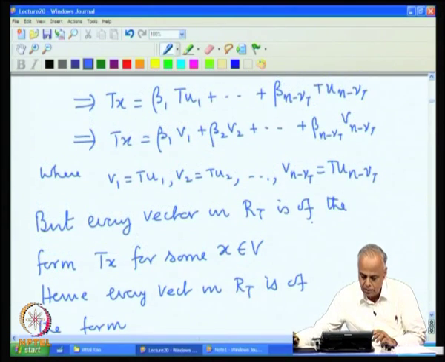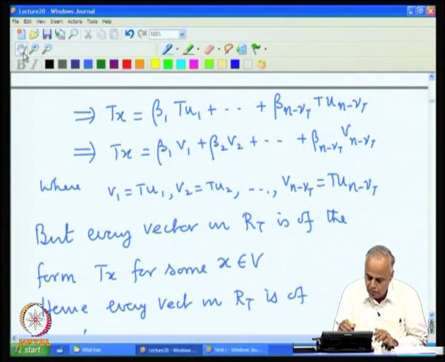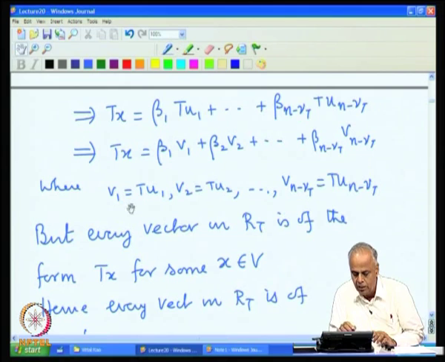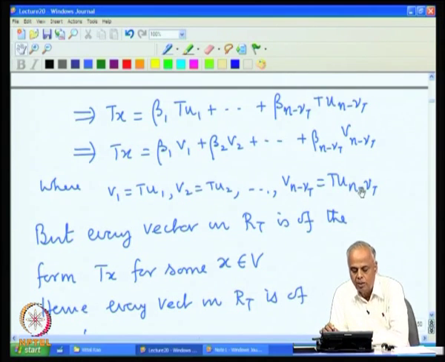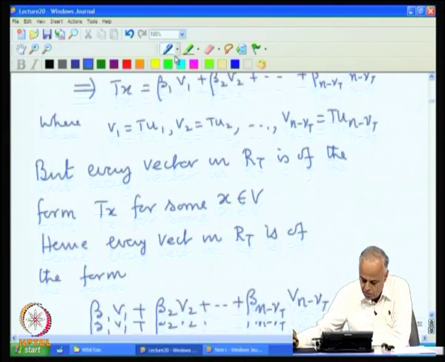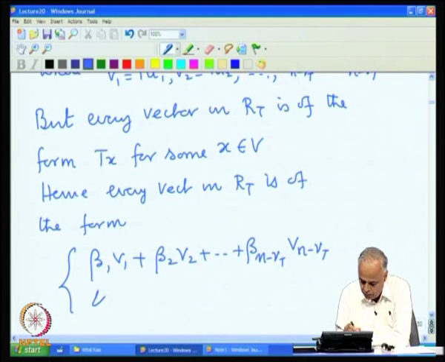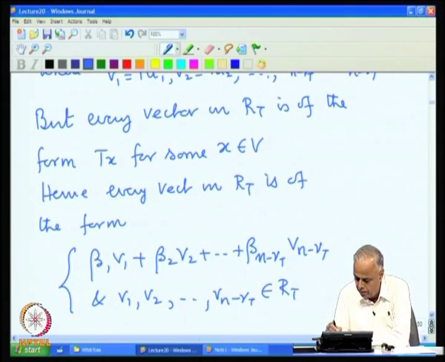And these vectors v 1, v 2 are all T of something, and therefore v 1, v 2 etcetera v n minus nu(T) belong to range of T.